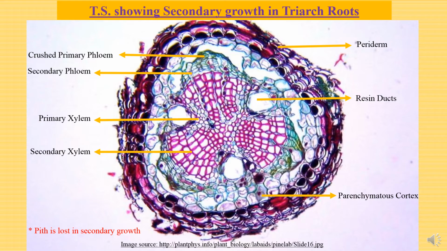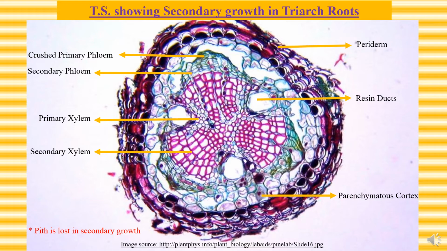In the central region, vascular cambium, which developed from pericycle, starts to form secondary phloem on the outer side and secondary xylem on the inner side in such a way that after some time the vascular bundles which were arranged radially make continuous rings of secondary xylem towards the center and secondary phloem on the outer side.